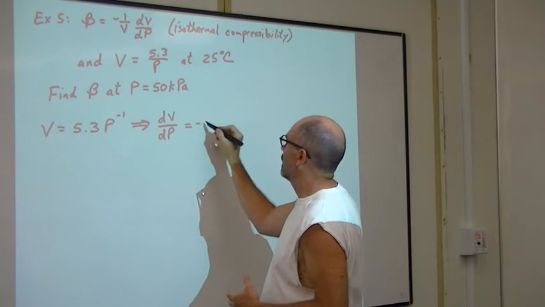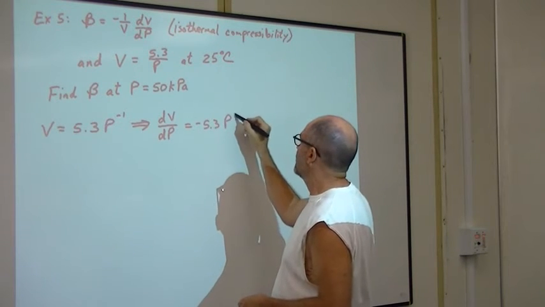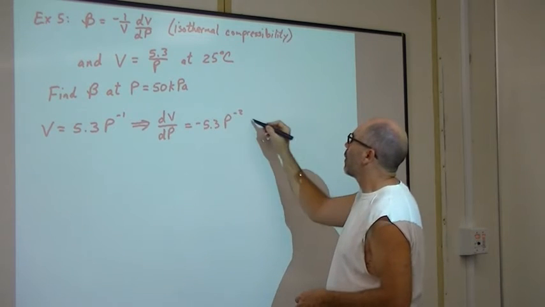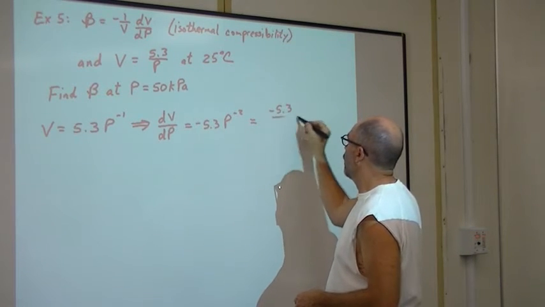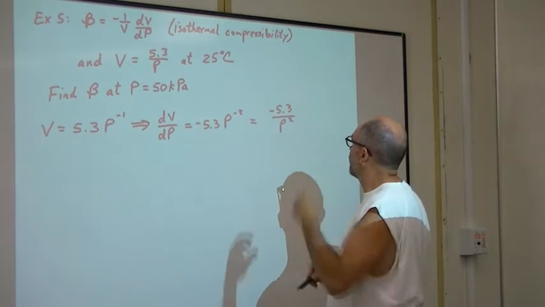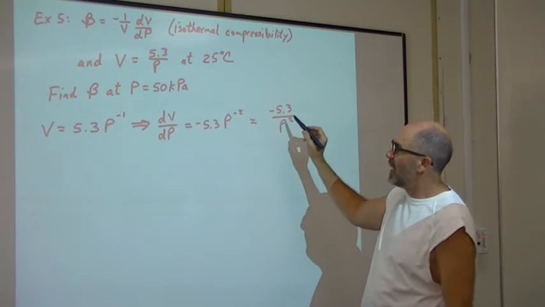Okay, dV dP then equals -5.3 times P to the -2. Or we could just write it negative 5.3 over P squared. Now, notice what's happening here.